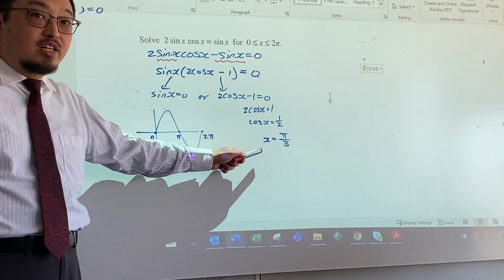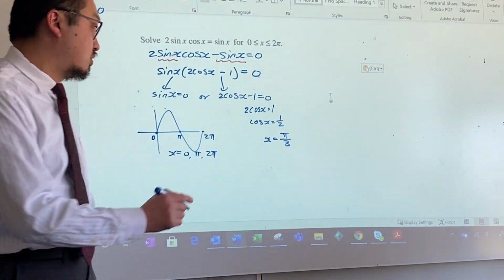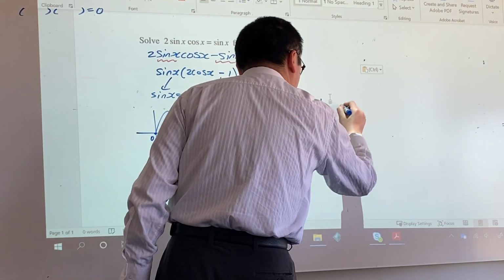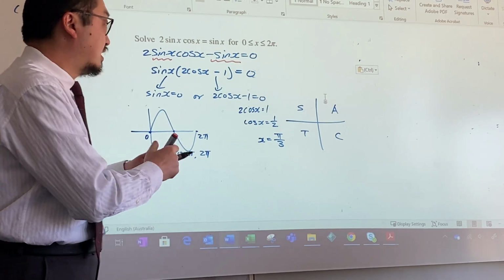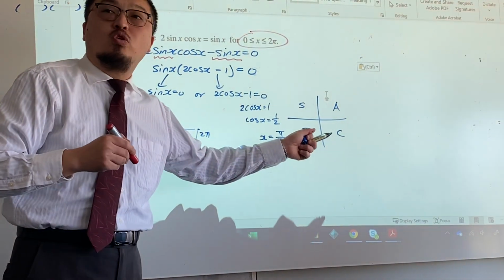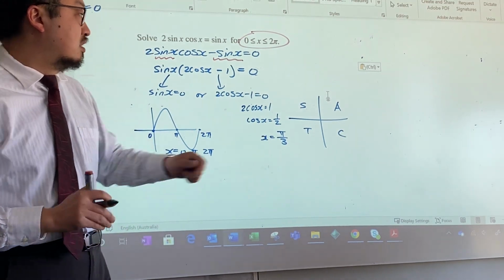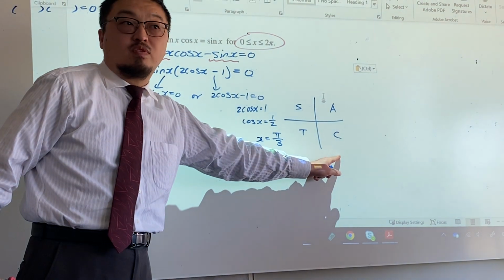So by doing that, I've established my reference angle, pi on 3. Then we say, okay, because of this condition, in which quadrant is cos positive? First quadrant, definitely.